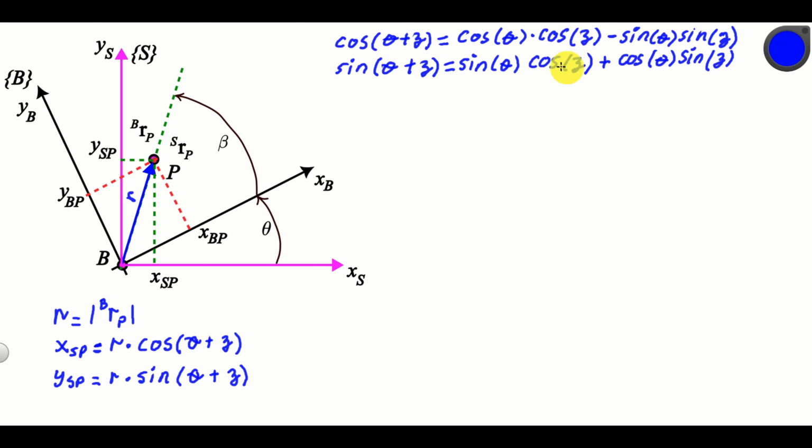Okay, now let's substitute these two equations in these two equations and let's see the result. We have that XSP, that is this projection over here, is equal to R multiplying this first term over here minus R multiplying the second term over here.